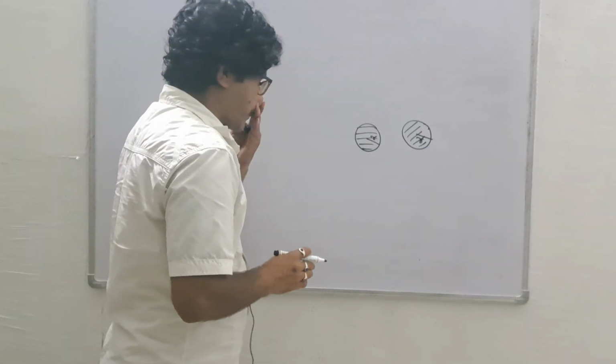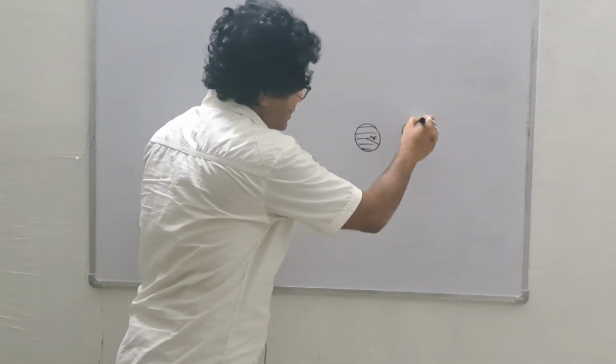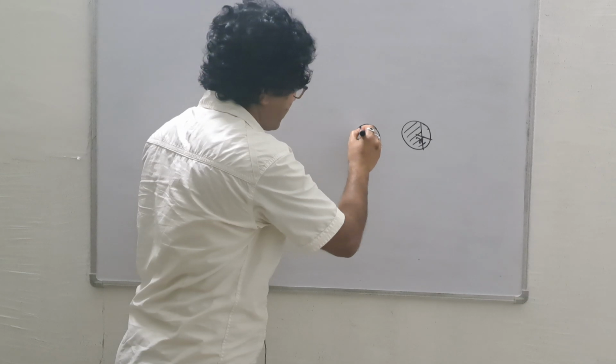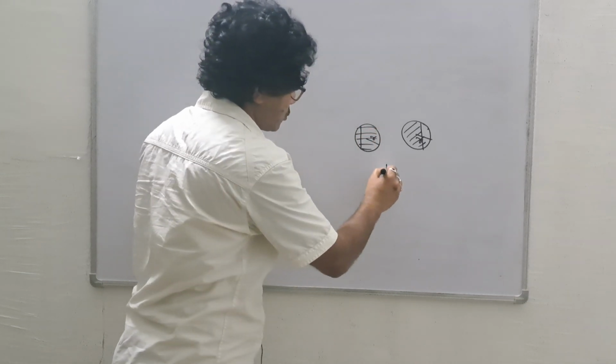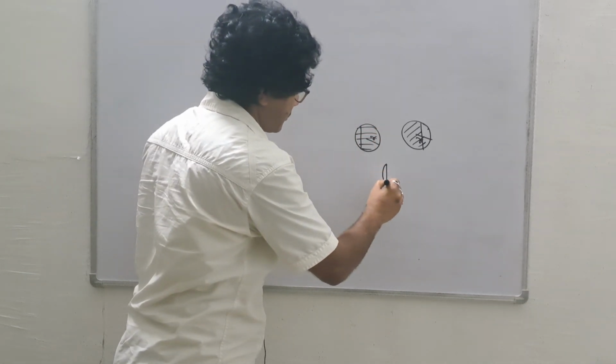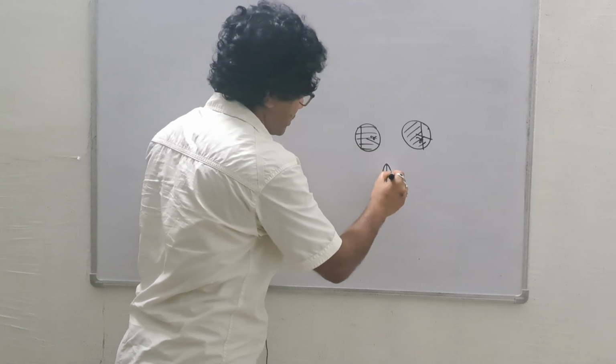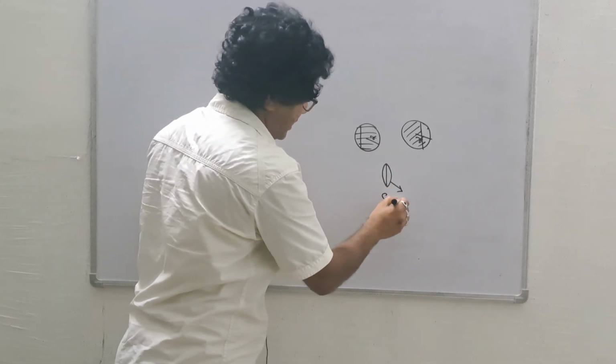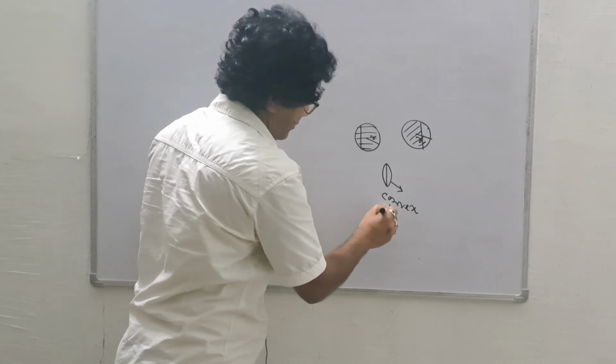Now, this is a part of this solid sphere, and this is another part of this solid sphere, and these two parts are joined. Now this becomes a lens, and it is called a convex lens.